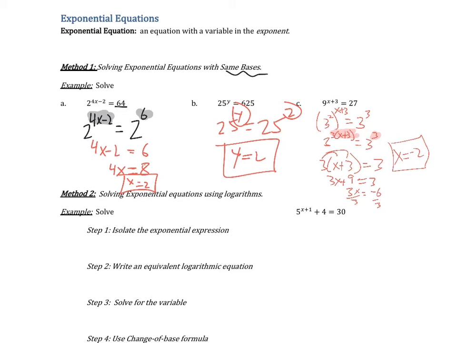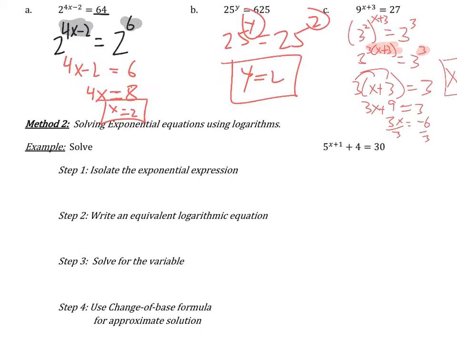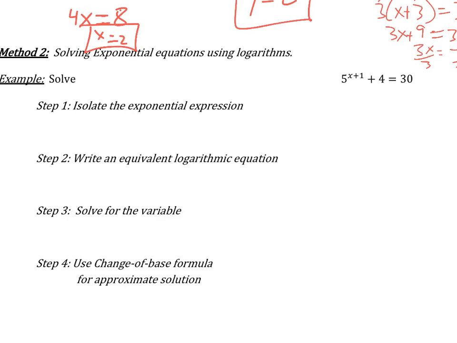Now, if that doesn't work, then we're going to need a new method, and this is where our logarithms come in. So, solving exponential equations using logarithms. This will be our most general method. Here are some steps. We've got an equation with an x in the exponent, which makes it exponential. So what we need to do is isolate the exponential. Let's get that 4 out of there.